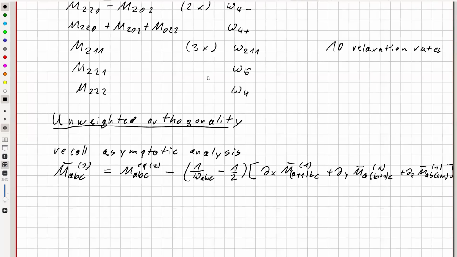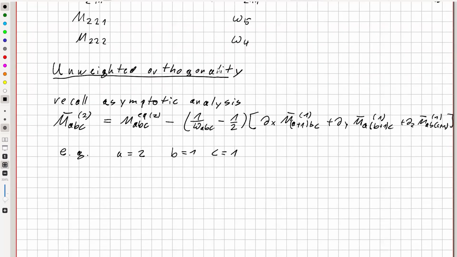So let's look at a specific example, namely that we put A equal to 2, B equal to 1, and C equal to 1. So we're looking at a first order moment. In this first order moment, so this is a ghost.